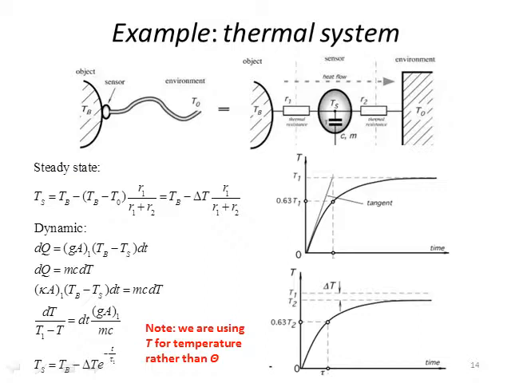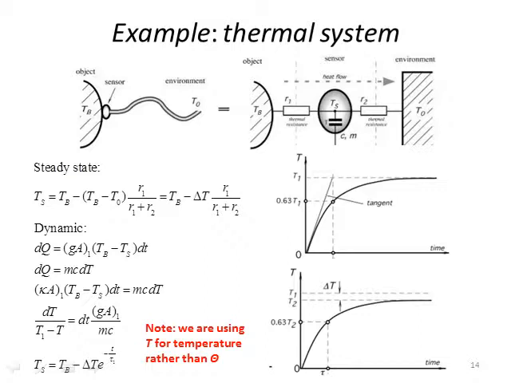We want to make a model of how the sensor being in contact with the object affects the reading that you get from the meter. When you put the sensor on the object, does it affect the temperature? It must, because it changes the thermal circuit. It's like using an oscilloscope probe on your circuit: the probe becomes part of your circuit, so it affects what you read out.